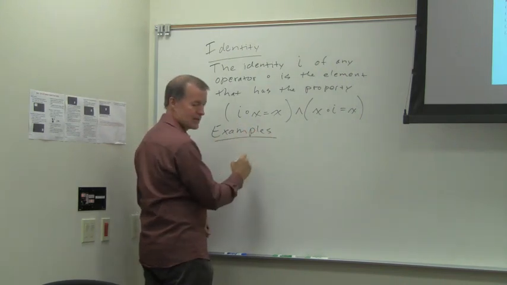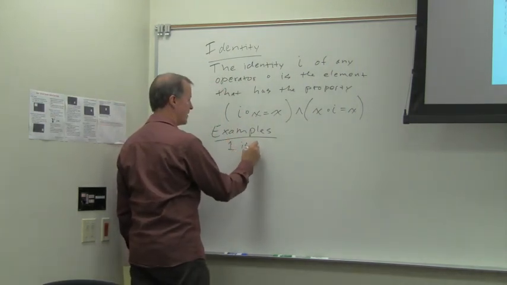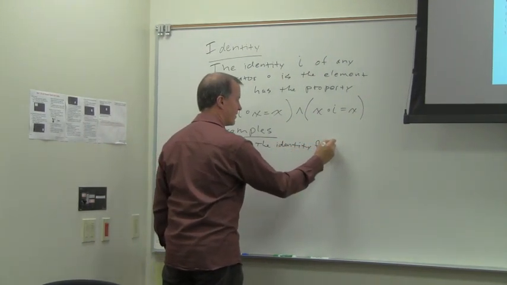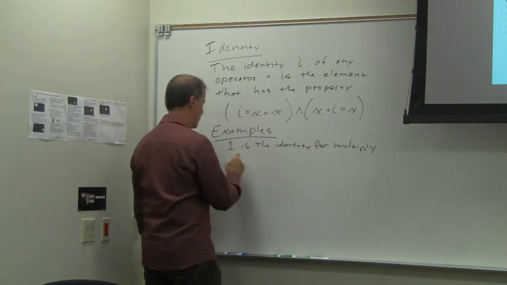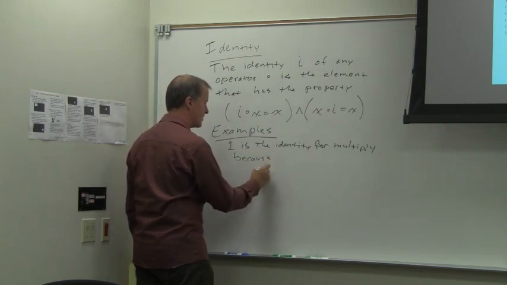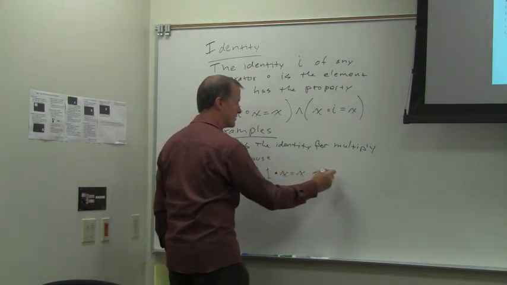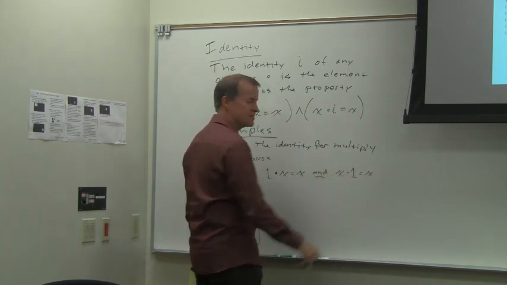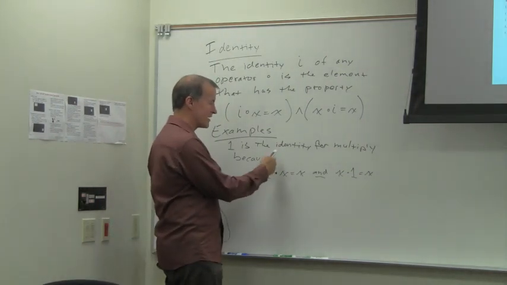So, examples. 1 is the identity for multiply, because 1 times x equals x, and what else? x times 1 equals x. Are you with me? So therefore, 1 is the identity for multiply.